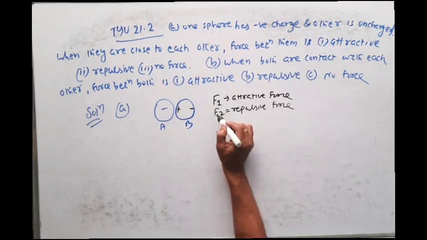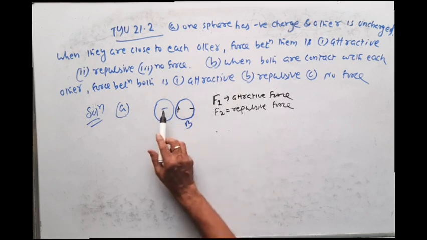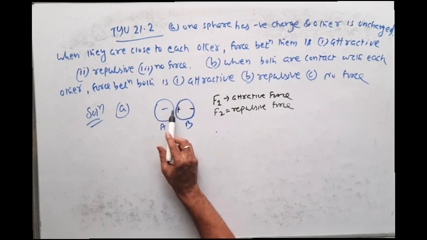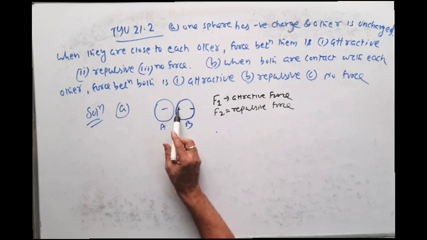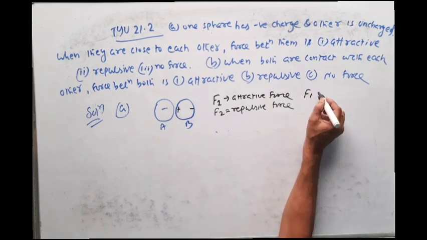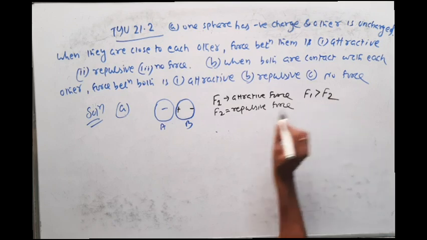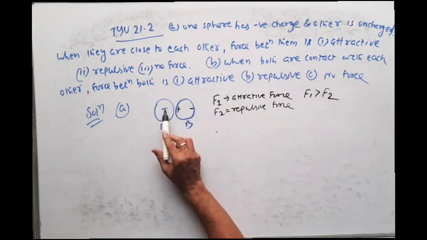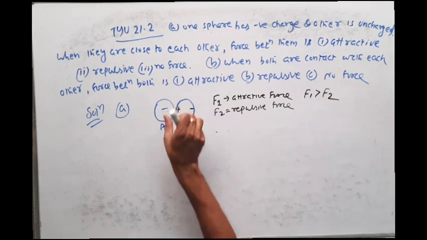Now out of F1 and F2, which is greater? You see, F1 is force between negative and positive. So these two charges are nearer to each other. R is less, and force is inversely proportional to R square. So here force will be more. So F1 is more than F2 because for F2 this negative and this negative are away from each other.